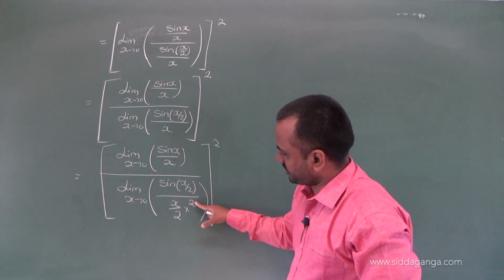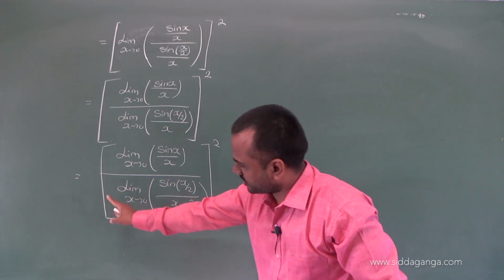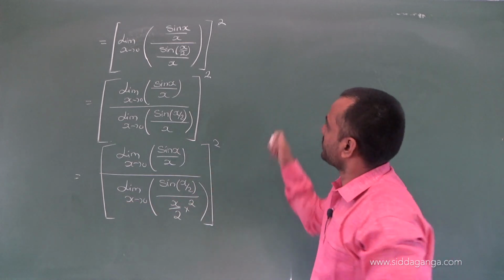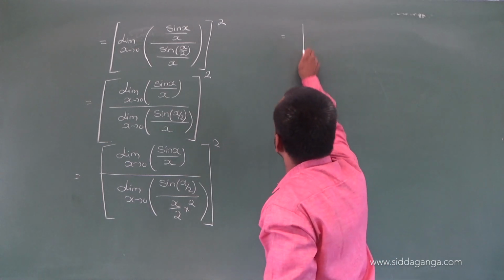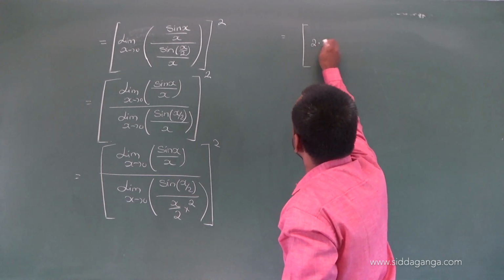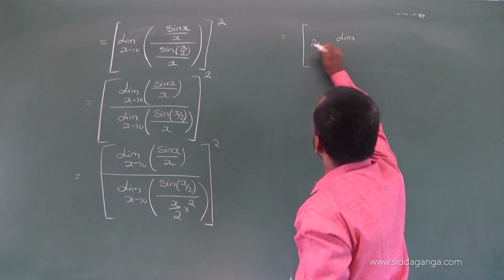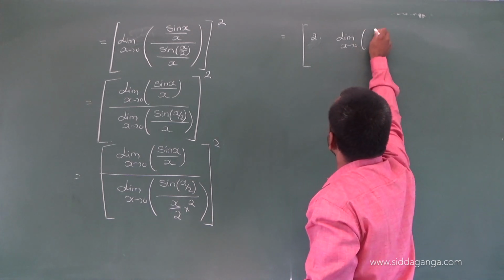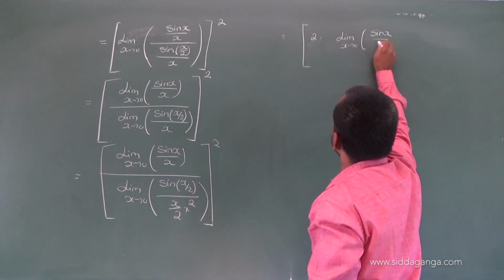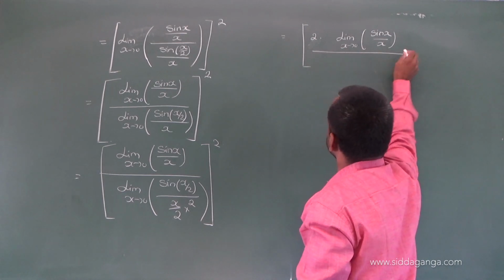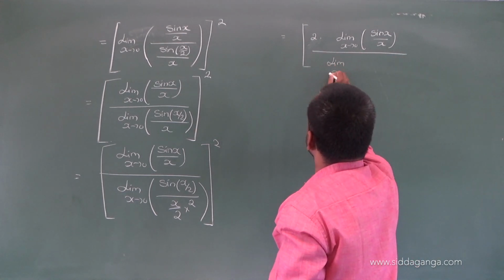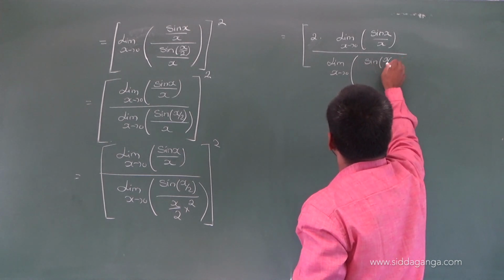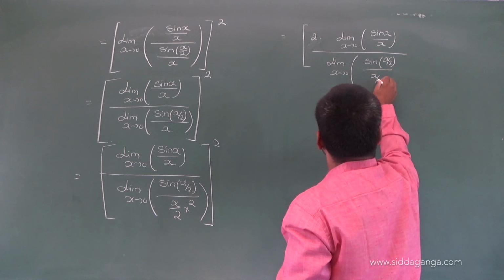The 2 we wrote outside, but denominator by denominator goes to numerator. 2 into limit x tends to 0 (sin x by x) whole divided by limit x tends to 0 of (sin of x by 2 divided by x by 2).